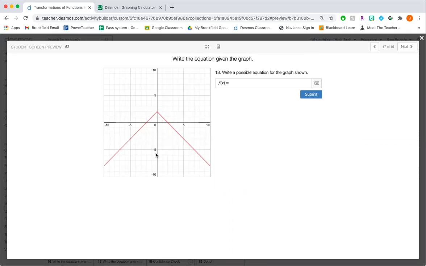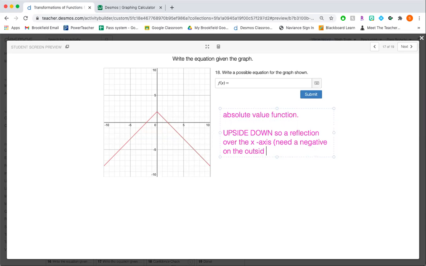And one more here, I think. So this is the absolute value function because it's a V. This is upside down, so a reflection over the x-axis, which means we need a negative on the outside of our equation. And then there's no left or right shift, so no horizontal shift.